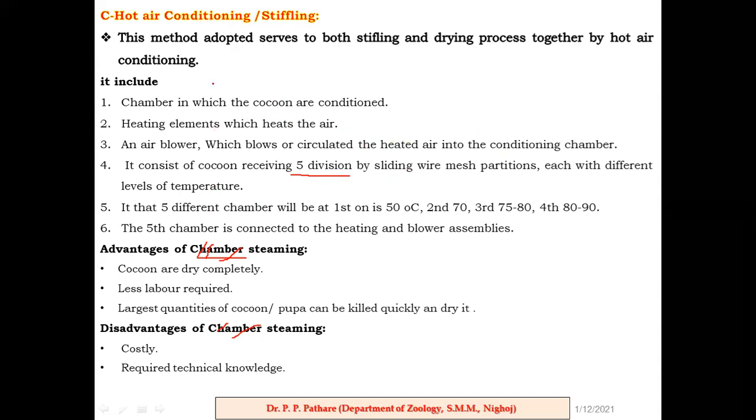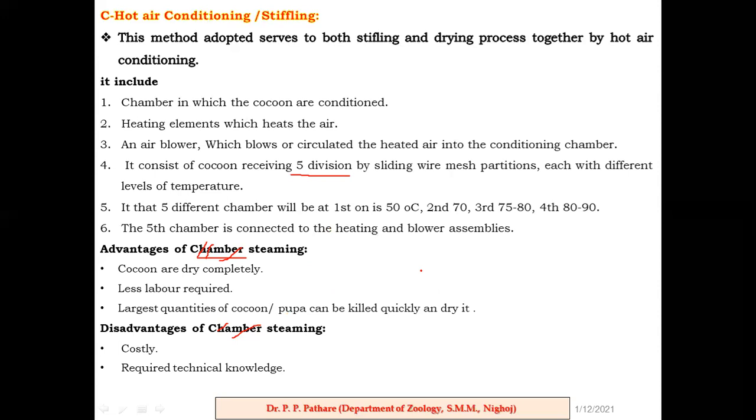Second, this method requires electricity, because hot air must be produced and released into your oven or conditioning machinery. Last one, this method requires technical knowledge for handling and performing hot air conditioning.